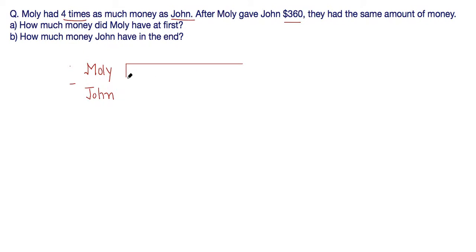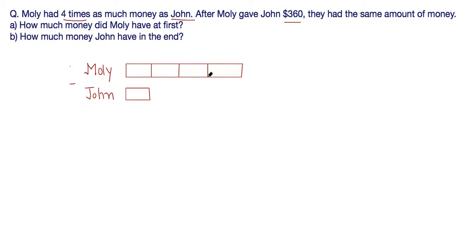So let's say this is for Molly. Okay, and then this one is for John. Obviously, Molly is 4 times of John. Okay, so we have to divide this whole thing into how many equal parts? 4 equal parts, right?